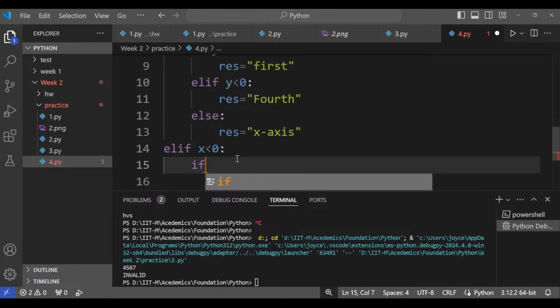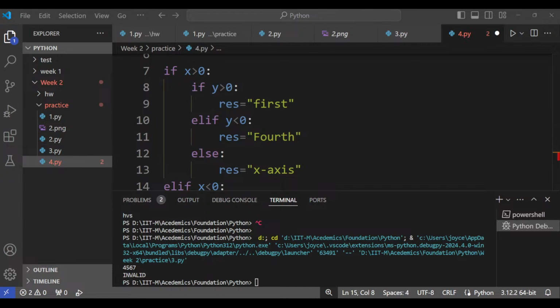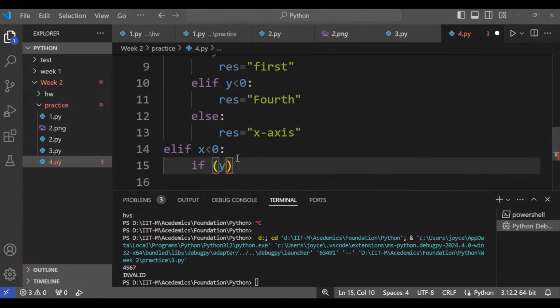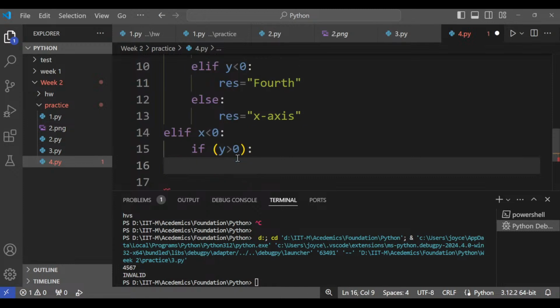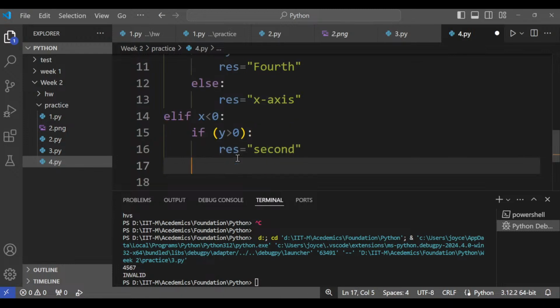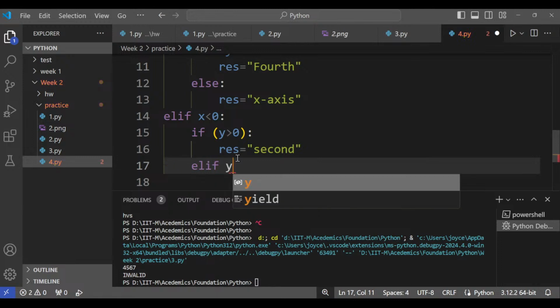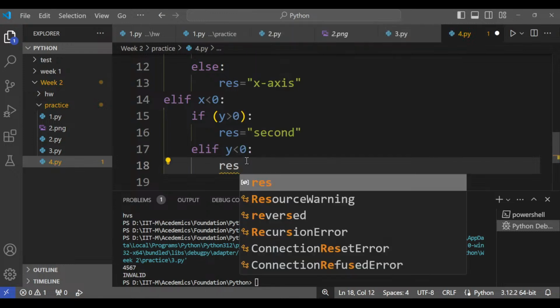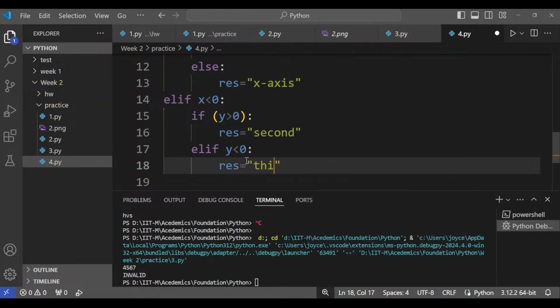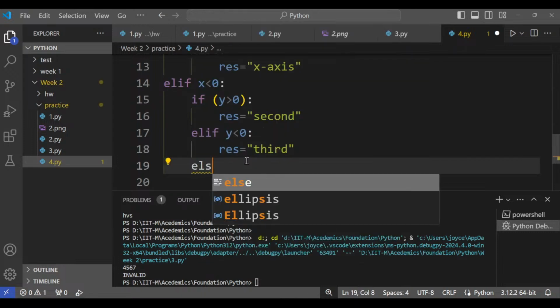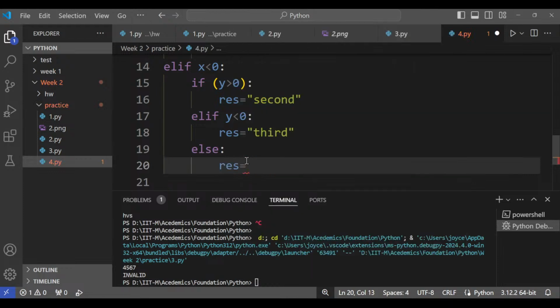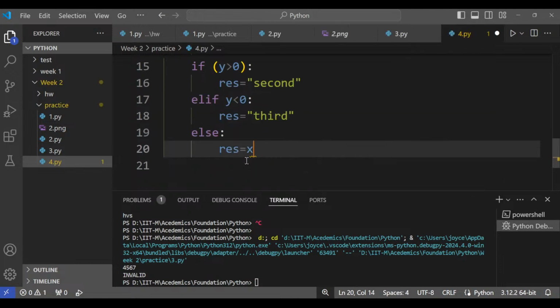So we have if y greater than 0, then we have res equal to second, and if we have y less than 0, we have res equal to third, and at the end we have else res equals x-axis. X-axis. Okay.